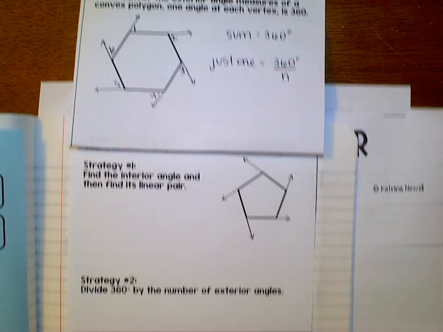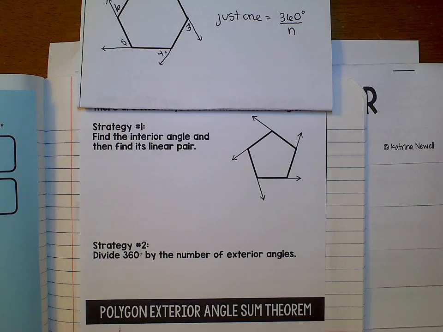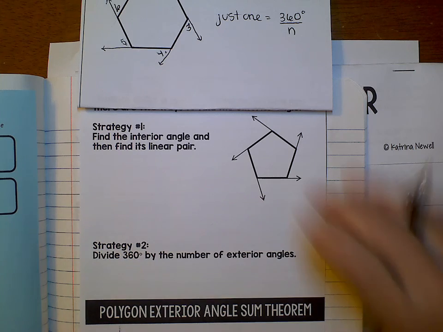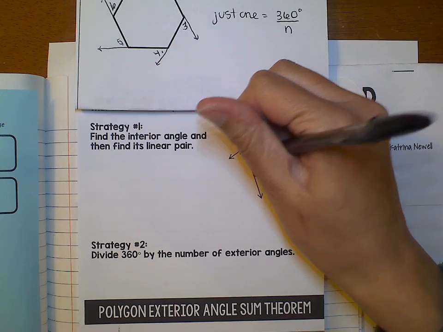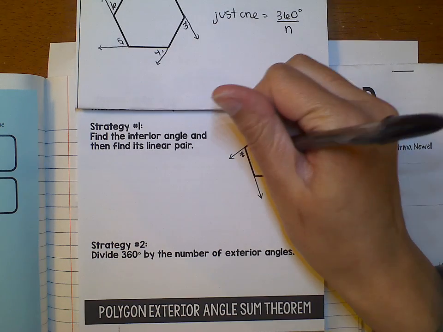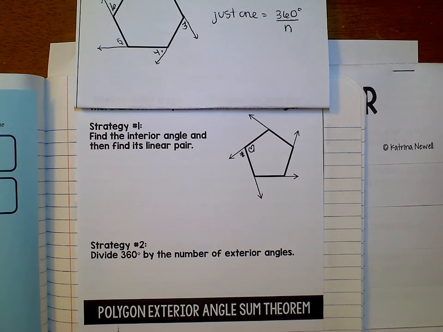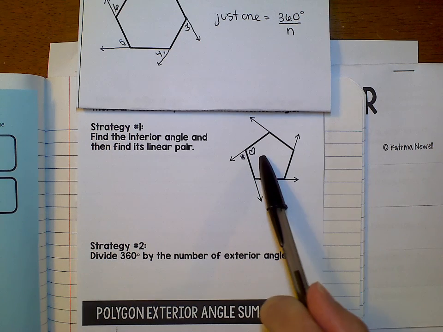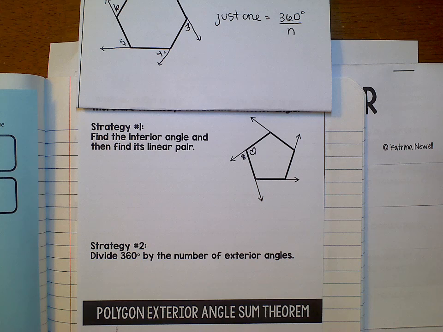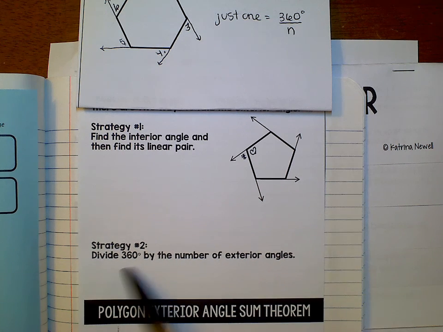Okay. Now another way to think about it is we can also consider the fact that this angle here and this angle here are a linear pair. So if I know the inside one, then I can just subtract from 180 to find the outside one. Or like I said, you can divide 360.